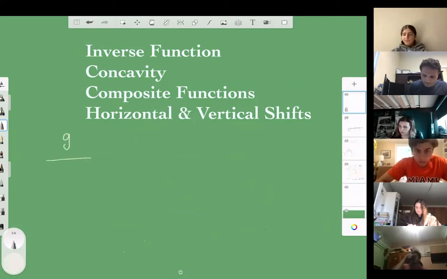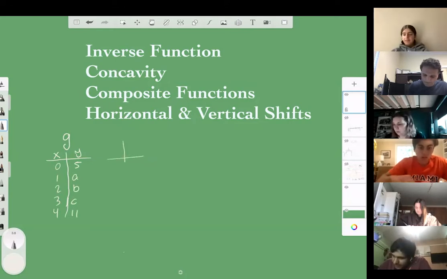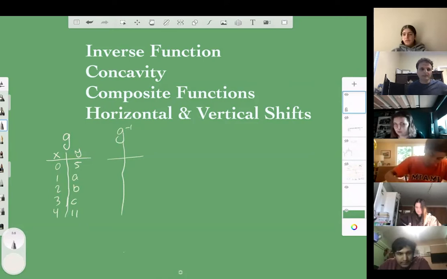Function G, we have x and y: 0, 1, 2, 3, 4. It takes us to 5, A, B, C, and 11. What is G inverse of this function?